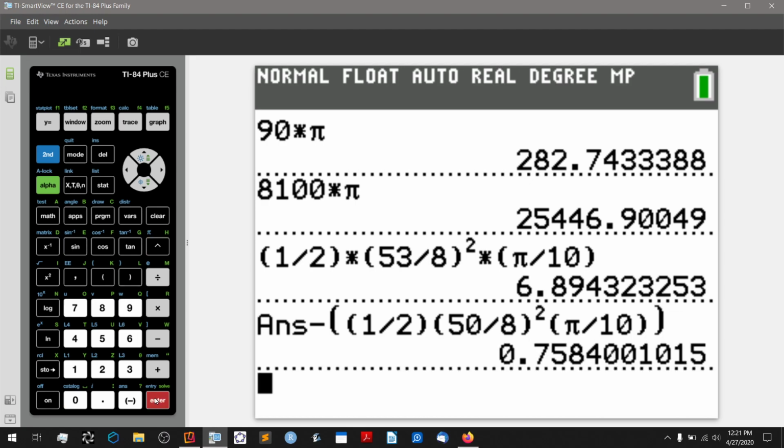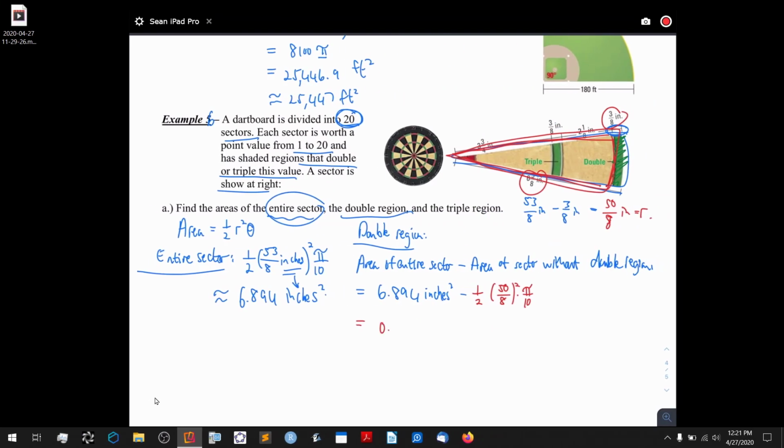And see what you get. I think that's correct. What you get is 0.758 square inches.